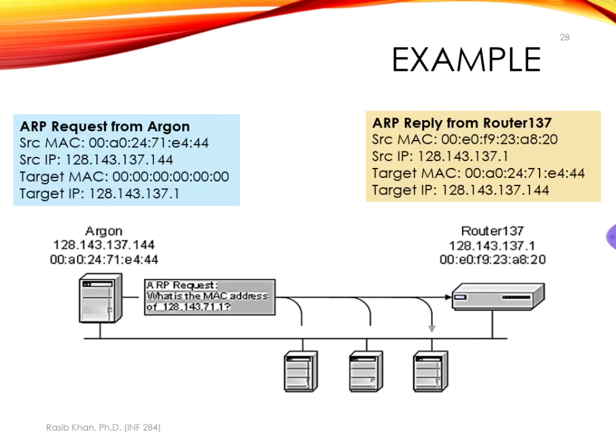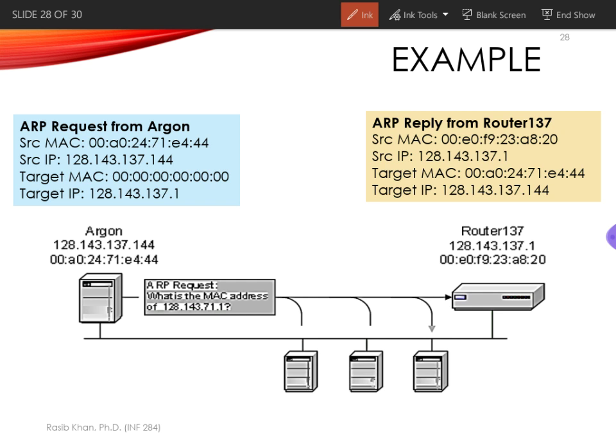So in this example, let's say host Argon with an IP address of 128.143.137.144 and the following MAC address would like to know the MAC address of router 137. So the ARP request that is sent out from Argon states these four fields. The source MAC is the MAC address of Argon.